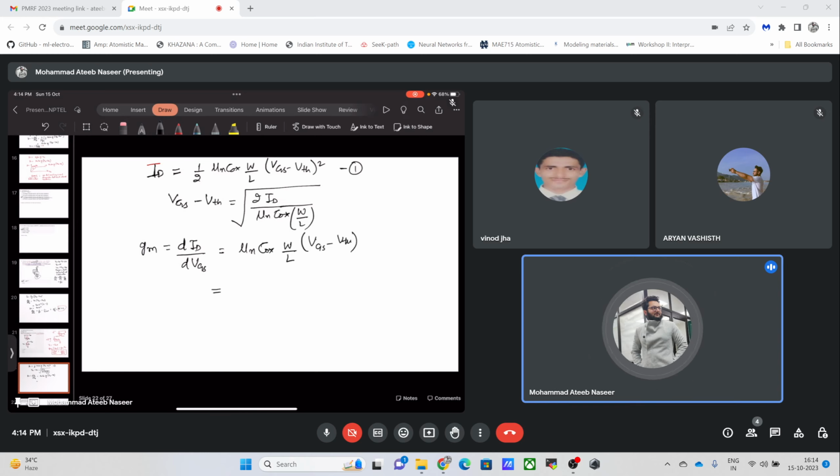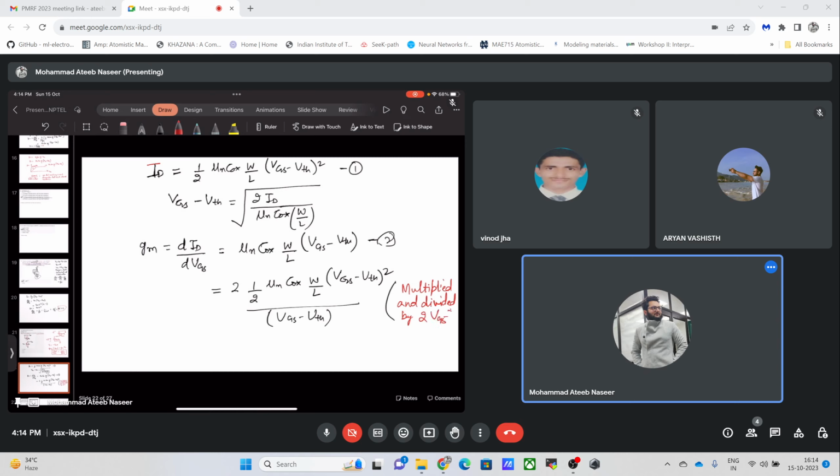Now let me do some manipulations. Let me multiply it by 2 and divide by 2, and do the mu n Cox W by L, and now multiply this by VGS minus VTH and divide it also by VGS minus VTH.